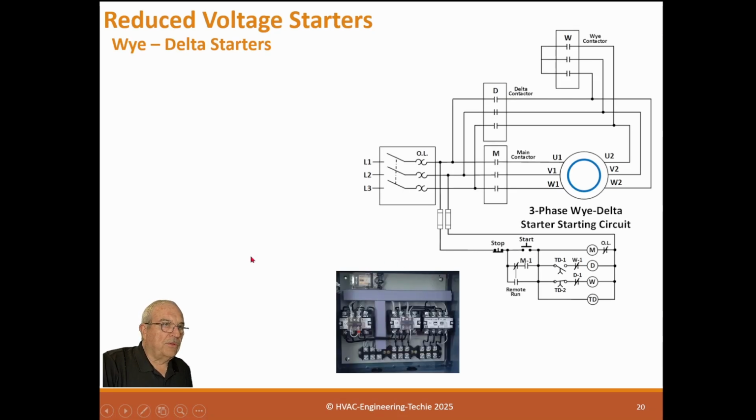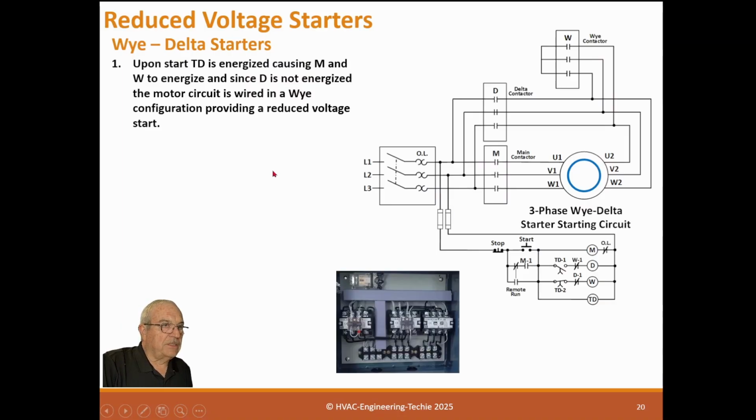Now, reduced voltage starters are different. This first one is a Y delta starter, more complicated, and we're going to go through what it talks about. So here's the motor, and the motor's got U1, V1, and W1. It might have been T1, T2, T3, but it comes in. And then you have U2, V2, and W2 on the backside.